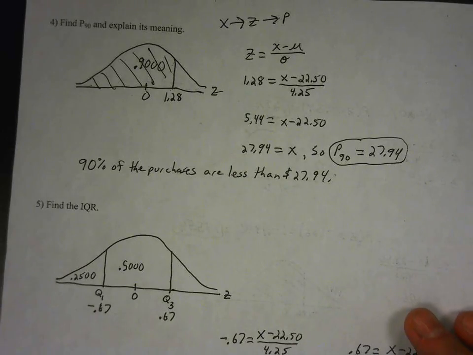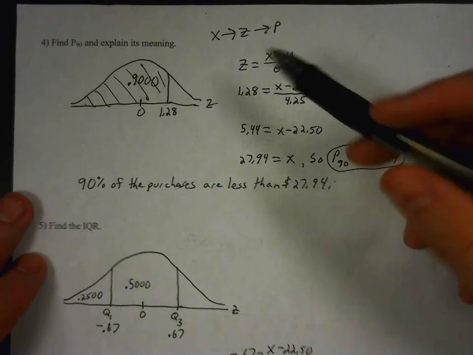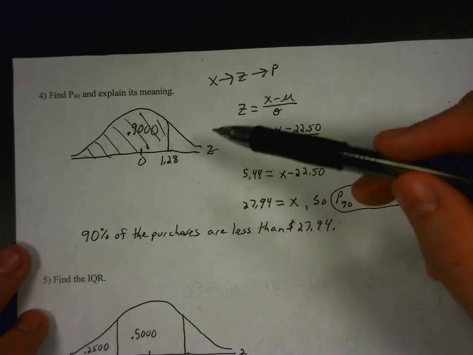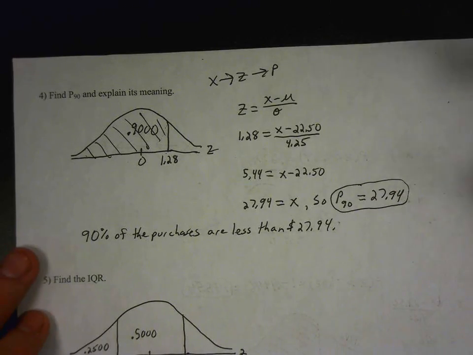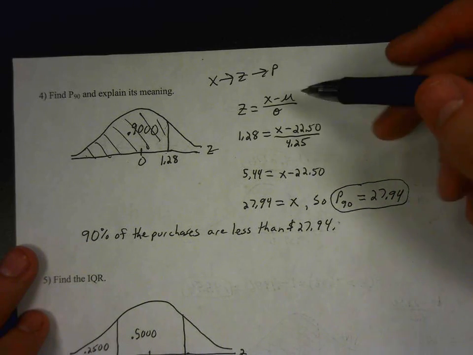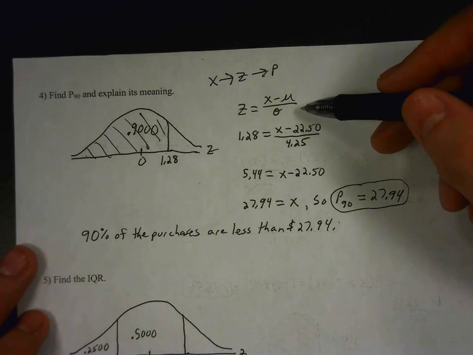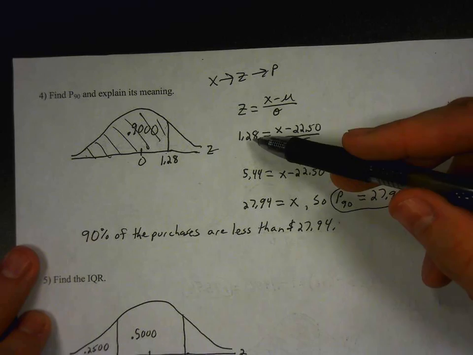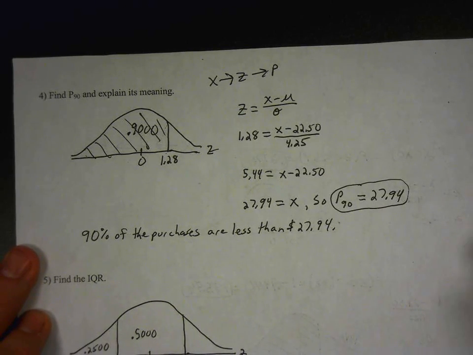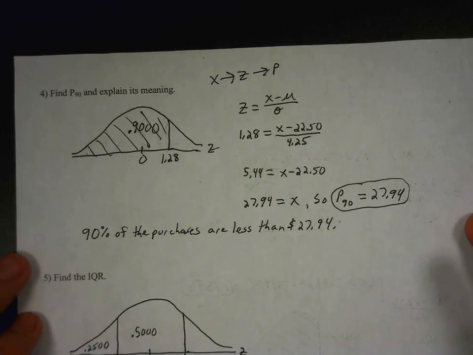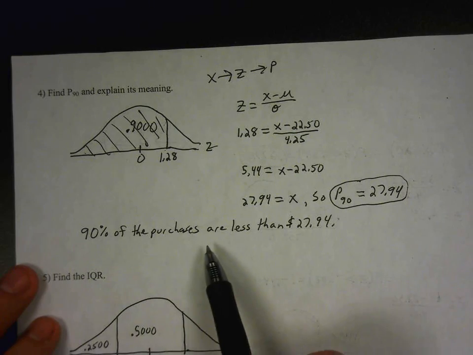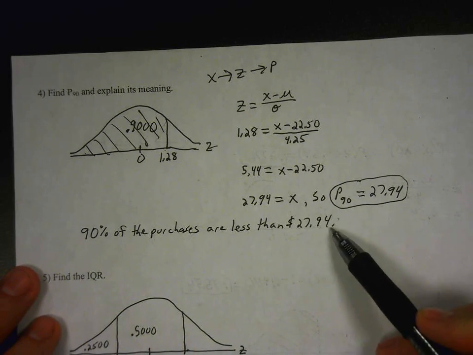In any normal distribution, z equals 1.28 will have 90% of the area to its left. Then you use your formula again that relates z to x: z equals x minus mu over sigma. Plug in 1.28 in place of z and solve that equation. When you do that, you get 27.94, which means 90% of the purchases are less than $27.94.